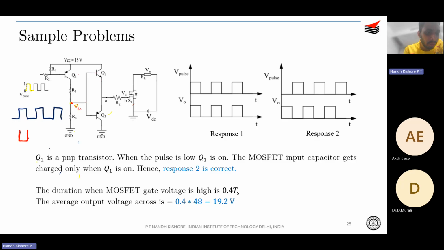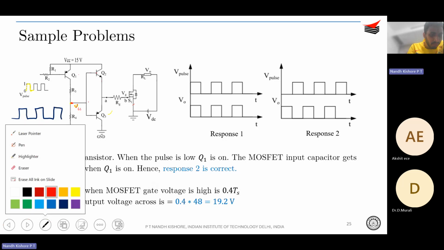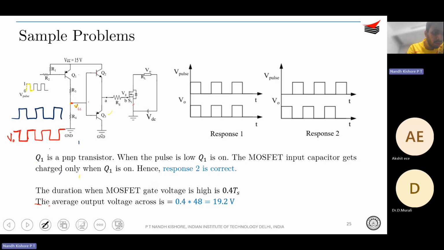Therefore, when your V pulse is low, your V naught would be high. Okay, so you get a complementary waveform over here. So this is your V naught and this is your V pulse. Okay. So obviously response 2 is correct, right? Response 2 is correct.